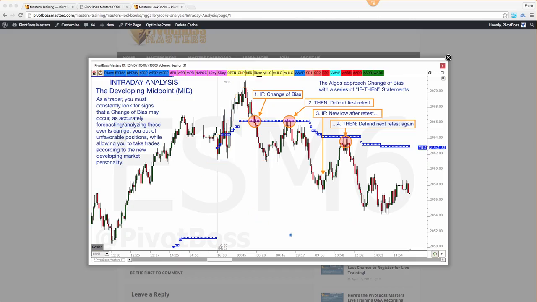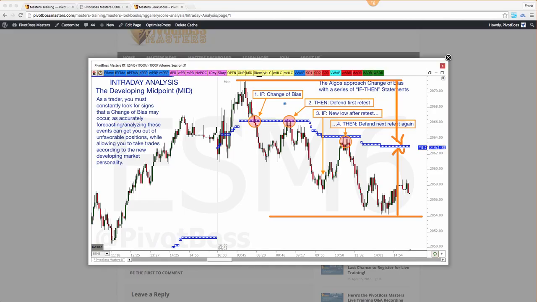So the developing midpoint is nothing more than the midpoint of the day up to that point in time. And so it basically bisects the highest high and the lowest low of the day to give you the midpoint. And that point, again, is a very algo-centric key level where the algorithms really base a lot of their trading decisions and biases off of.